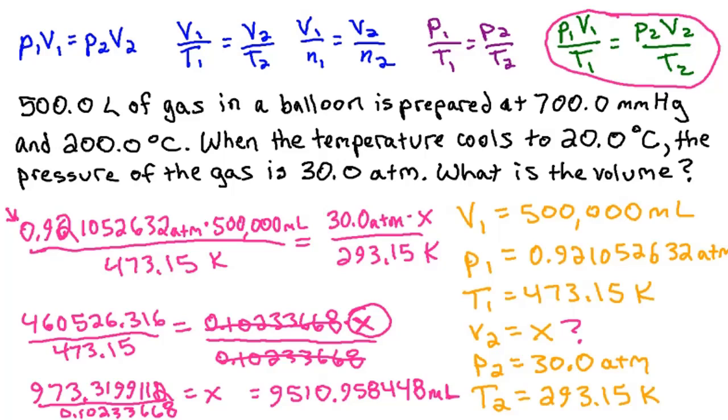If we want to change this to liters, we just move the decimal point over 3 places, and so that's going to be 9.51 liters.